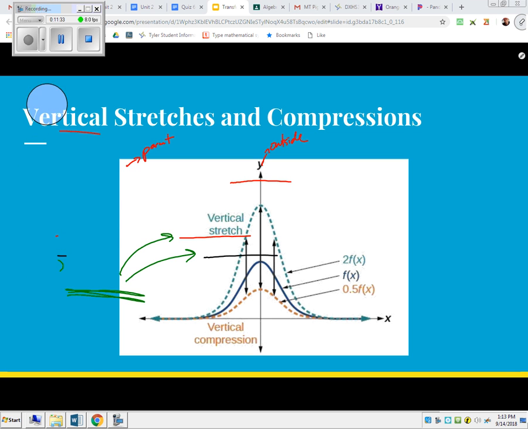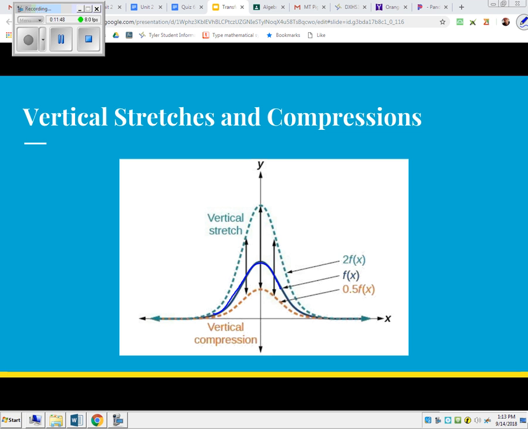So just as a visual picture for you, I know this graph might not look familiar, but if you take stats with me either this year or next year, you will see something that looks very similar to this, okay? This blue line right here is my parent function. Now I just want to show you the physical movement that we're doing on this.